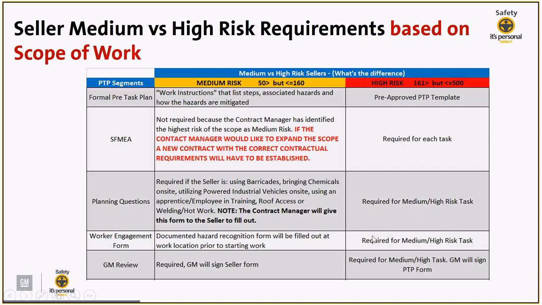They are required to utilize a formal worker engagement form for the workers if the workers are doing medium or high risk tasks. And there is a requirement for GM signatures on the pre-task plan template for medium and high risk tasks. So keep in mind, you as the contract manager are signing a form whether it is for medium risk or high risk. So that has not changed.